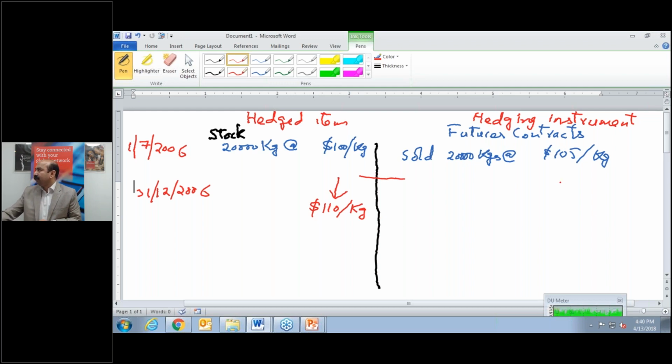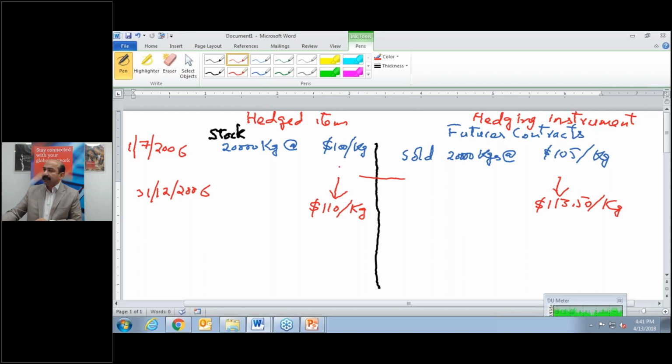And here in the futures, the price has moved to $113.50 per kg.